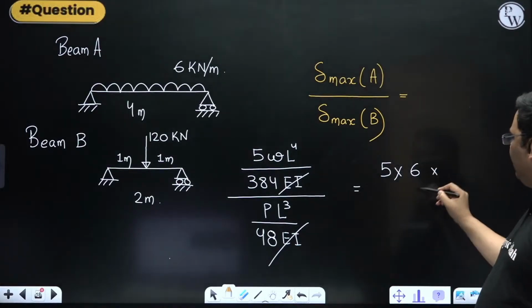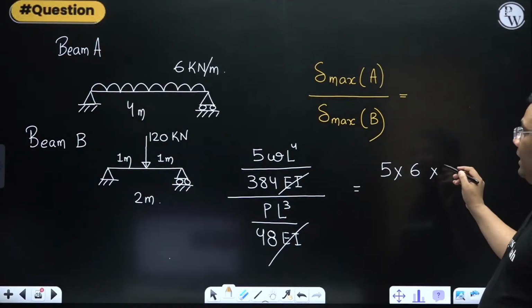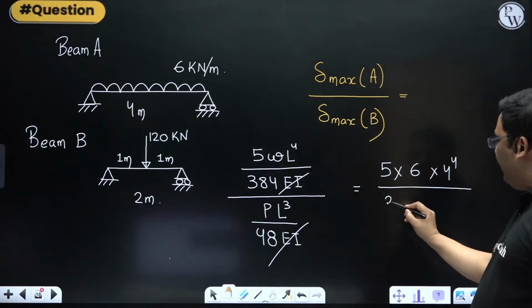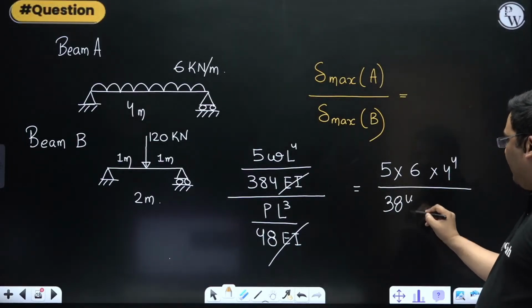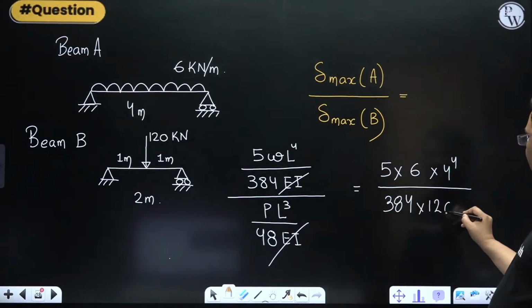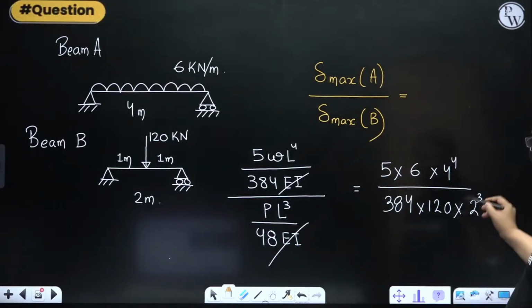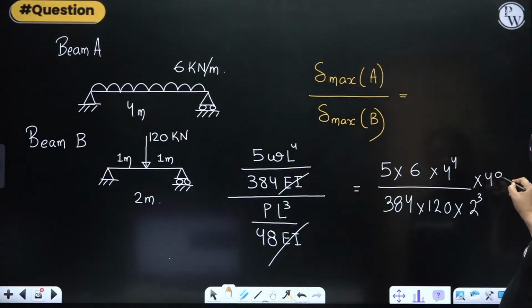Put everything in kilonewton and meter. L is 4, so 4 to the power 4 divided by 384, and then P is 120, and L here is 2 meter, so 2 cubed, and this is 48.